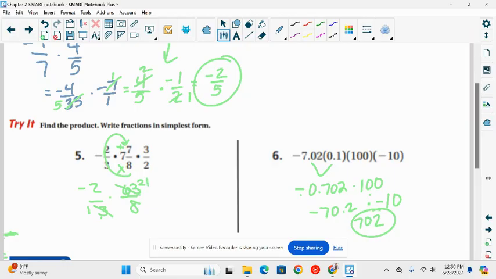Is there any other cross-canceling opportunity? Yes. Do these have anything in common? We divide by 2. Okay?